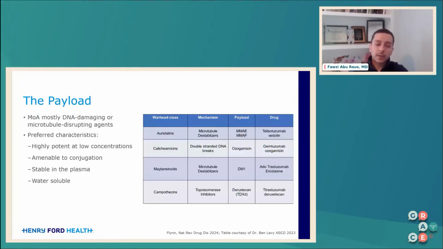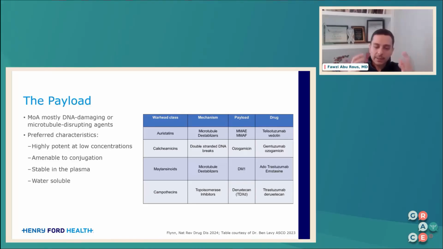And then we have our payload, or the chemo package that the mailman is trying to deliver. This is basically very small nanoparticles of chemotherapy, but that chemotherapy has to be potent at these very low, or nano, concentrations and has to be able to be conjugated, right? So you're not going to choose a chemotherapy that cannot be glued to the antibody.